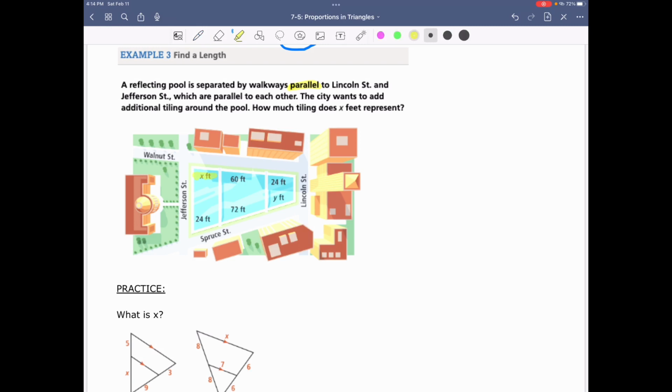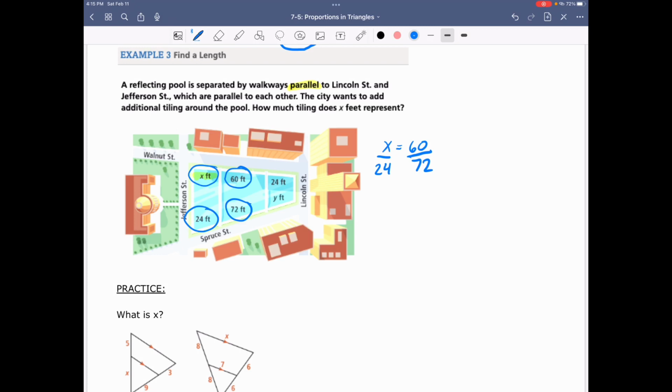It's right here. Now, to solve for X, you're going to want to set up a proportion where we will cross multiply and divide. So I want to use X is to 60 as 24 is to 72.